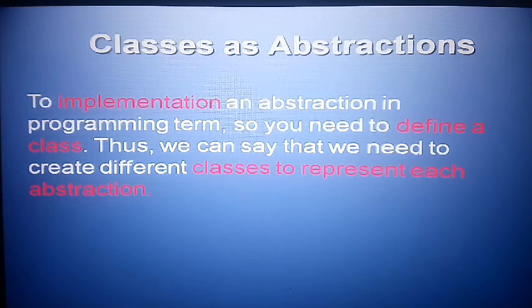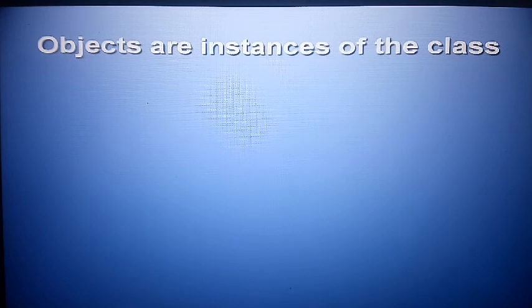Thus we can say that we need to create different types of classes to represent each abstraction. With the help of a class we can implement abstraction. This is the definition.